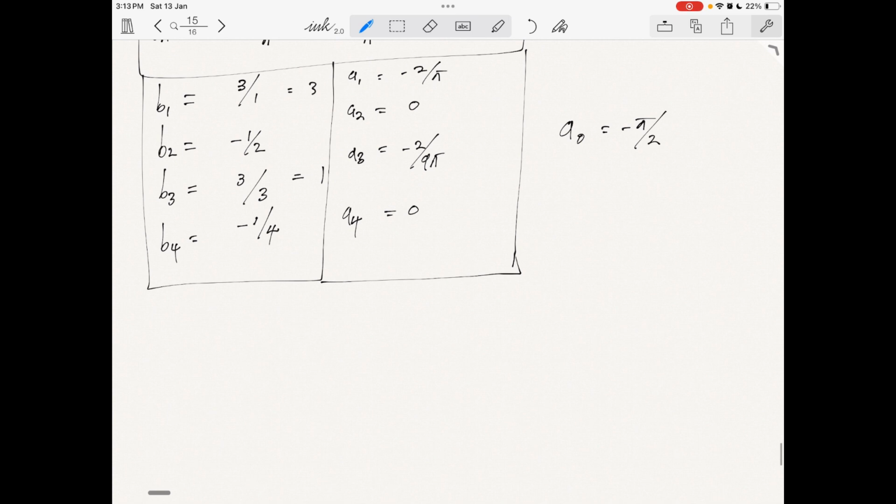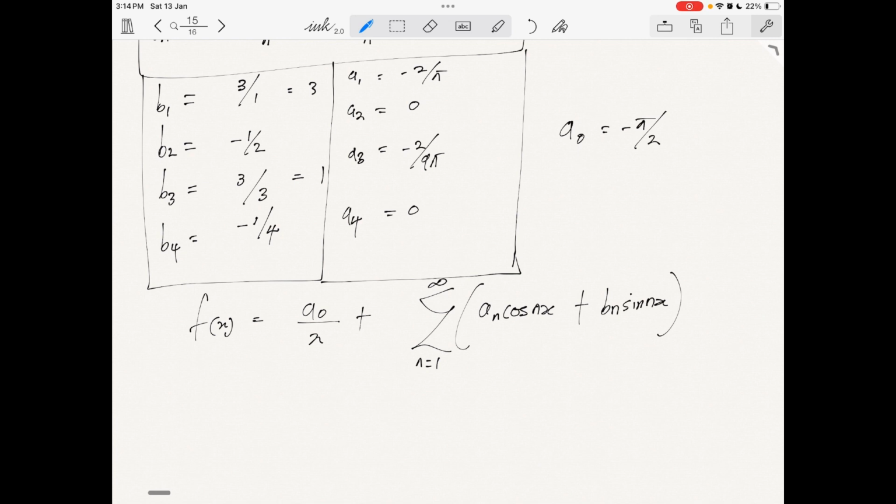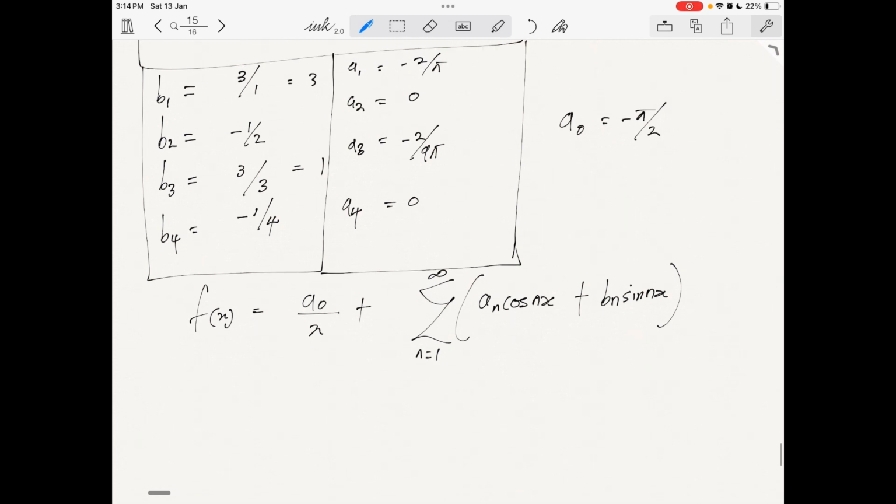Now we'll be applying our formula of Fourier series, which says that f of x is equals to a naught over 2 plus summation of n is equals to 1 to infinity of an cos nx plus bn sin nx. So with that done, we can now substitute our a naught, our an, and our bn.